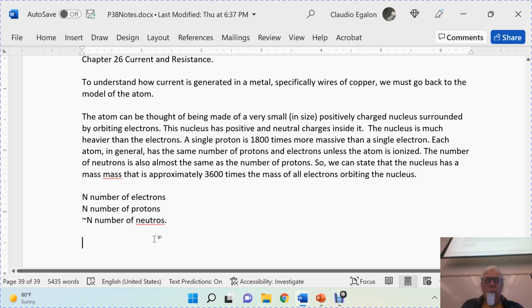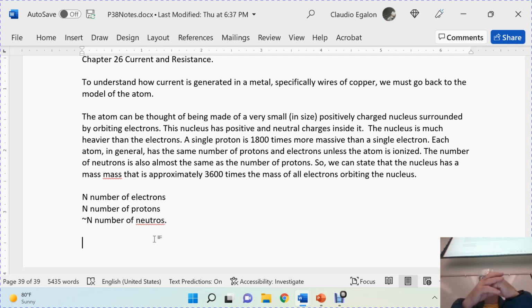That's why the electrons end up orbiting the nucleus. It's just like the planets orbiting the sun. The sun is much more massive than any of the planets. Even their combined mass is negligible compared to the mass of the sun.